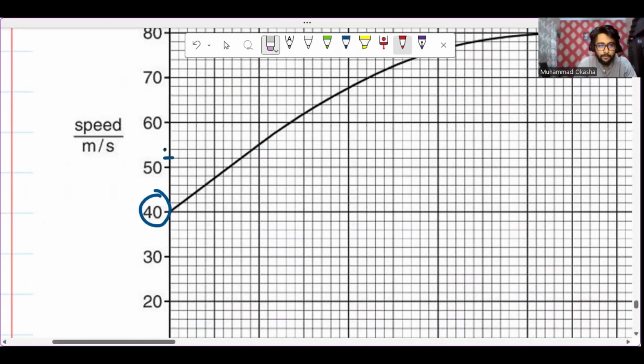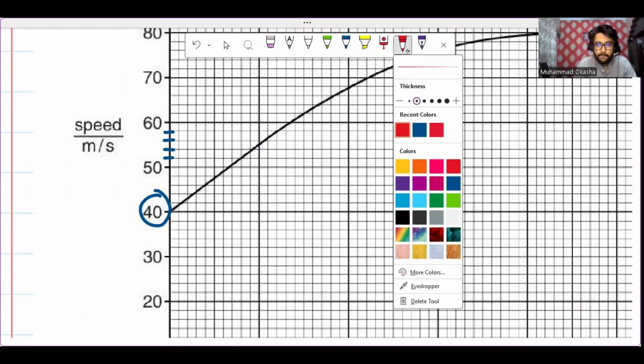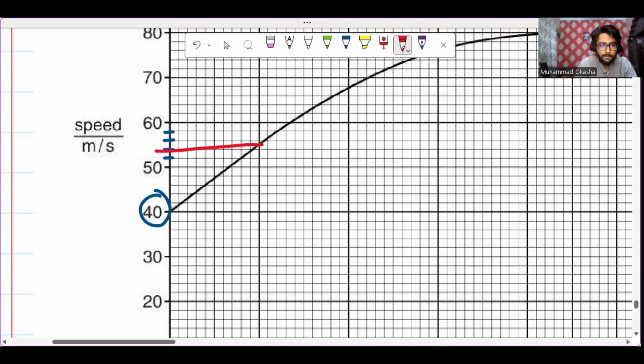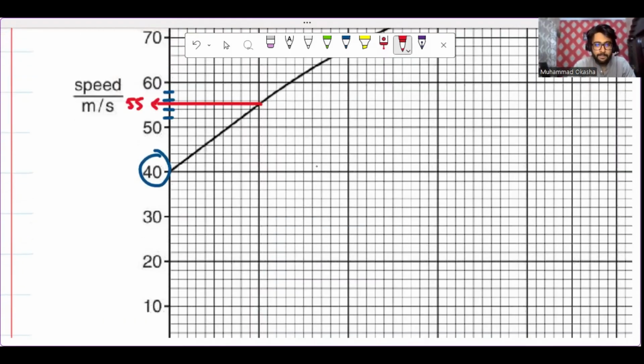So 52, 54, 56, 58, and 60. So a line through the middle should be 55. At this point, it should be 55, right through the middle. And this is the time that is 2.